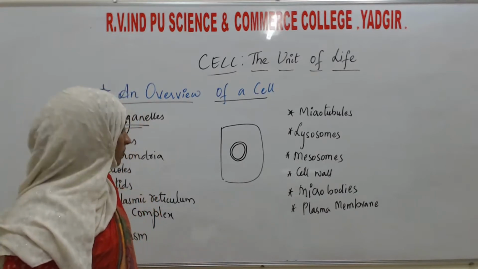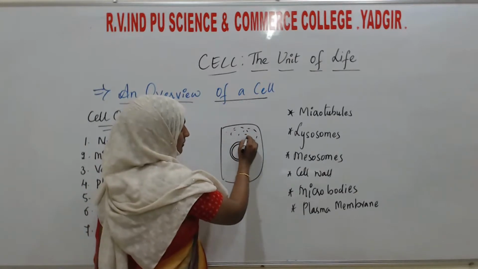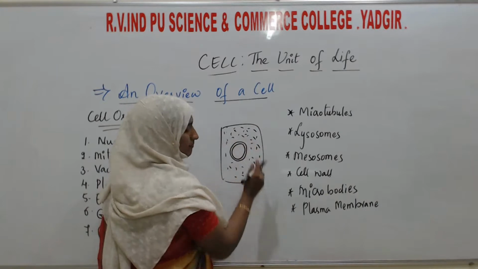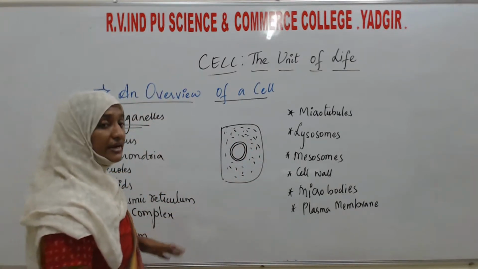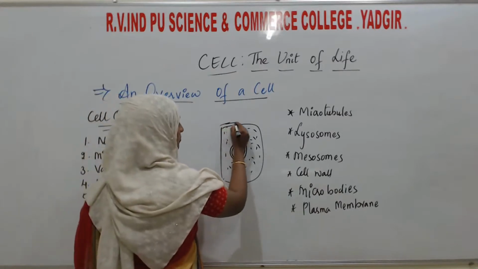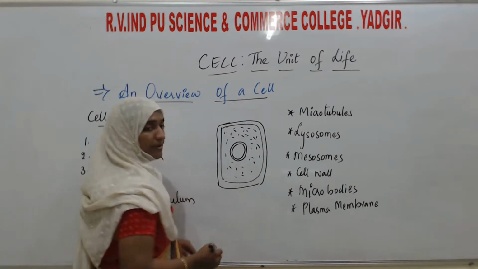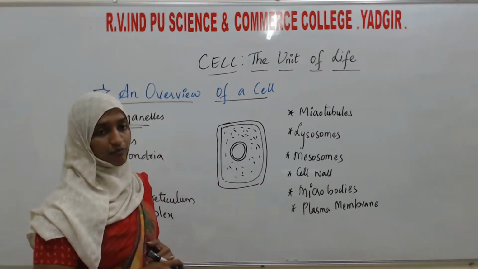See here, whatever the cell is, there will be one important fluid matrix, which we call the cytoplasm. Here the cell is bounded by the cell envelope. This cell envelope may be the plasma membrane as well as the cell wall.